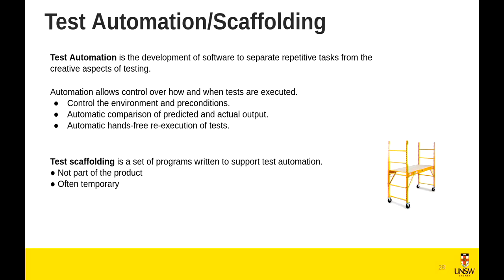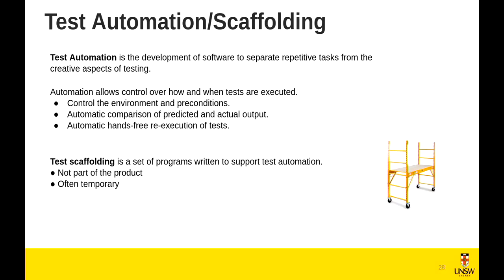And test scaffolding is a set of programs written to support test automation. They are not part of the product, just like real scaffolds are not part of the buildings. When we build buildings, they are just supporters for us to build the buildings.